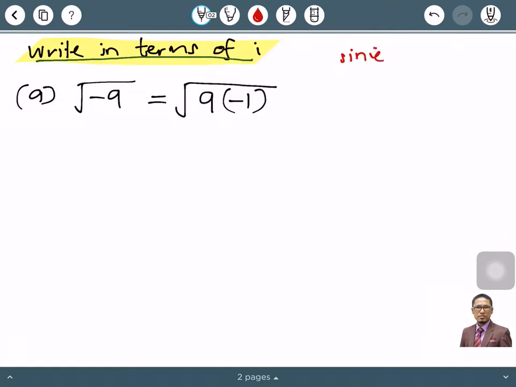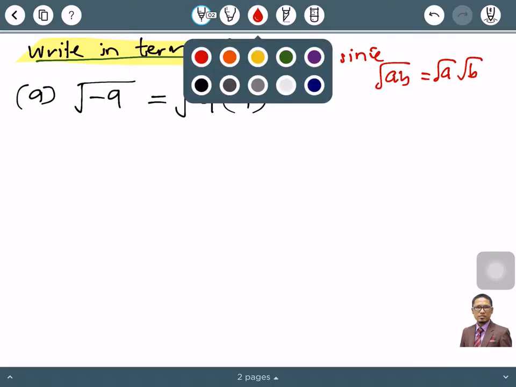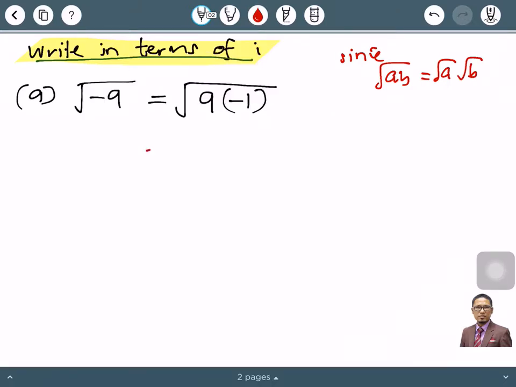Kita belajar law of square root, square root of AB boleh crack sebagai square root of A times square root of B. So square root of 9 equal to 3. Square root of negative 1 is imaginary number, so we write as I. So the answer is 3I.